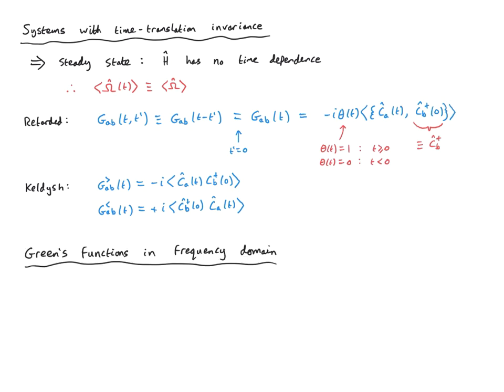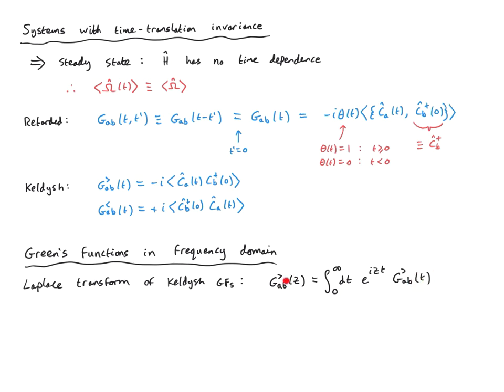In this case, we can naturally look at the Green's functions not in the time domain, but in the frequency domain. There are actually some subtleties here due to whether we take the Fourier transform or the Laplace transform, and subtleties to do with the convergence of integrals. Let's define the Laplace transformation of the Keldysh Green's function as G_AB(z) equal to the integral dt from 0 to infinity of e^{izt} times the Green's function G_AB(t).